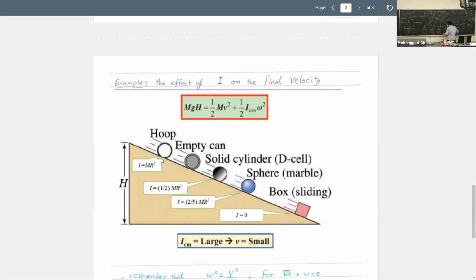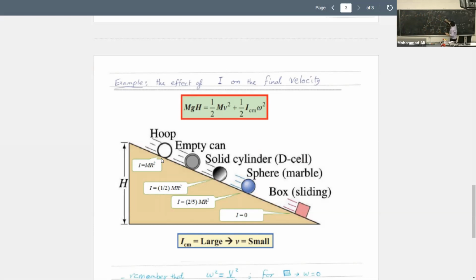Because if we look at the mechanical energy, which at first is equal to mgh, it was 147 in our example, it is equal to the kinetic energy linearly, which is half mv squared, plus half I omega squared for each rotated object.